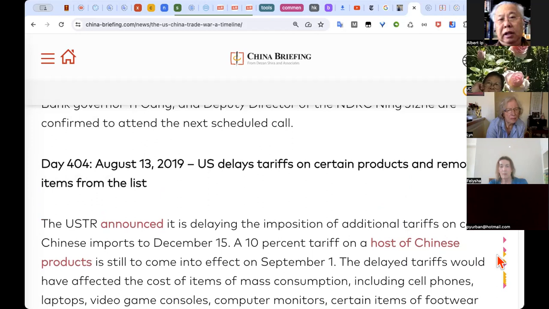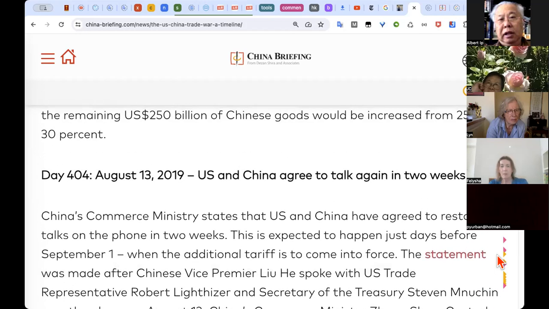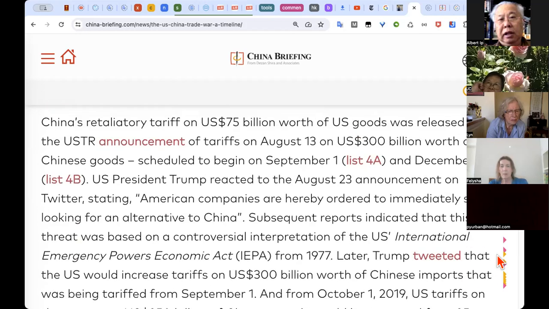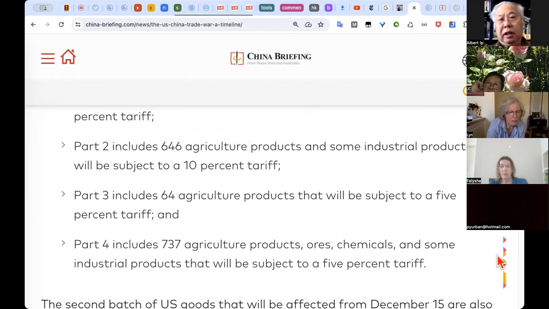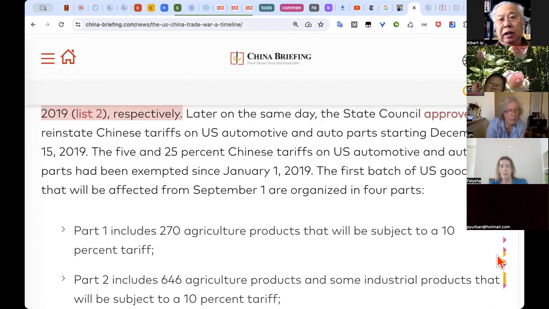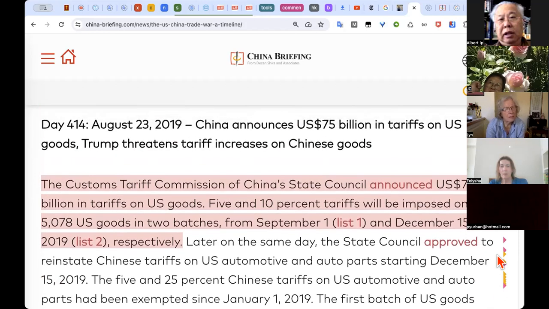And then delay tariffs on certain products because of the need. All this keeps coming on and on, as I have said. And then retaliation, tit for tat.